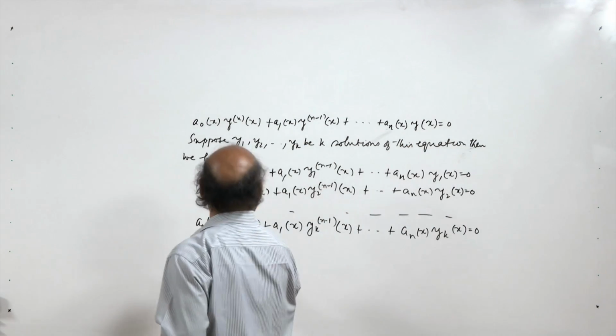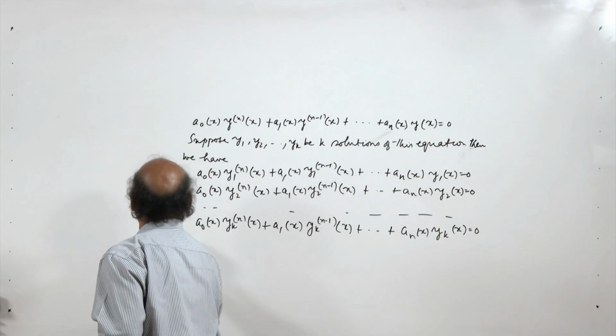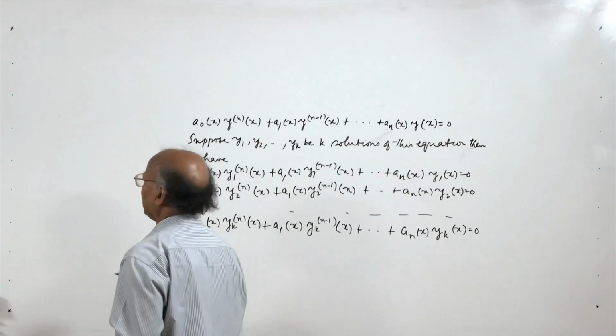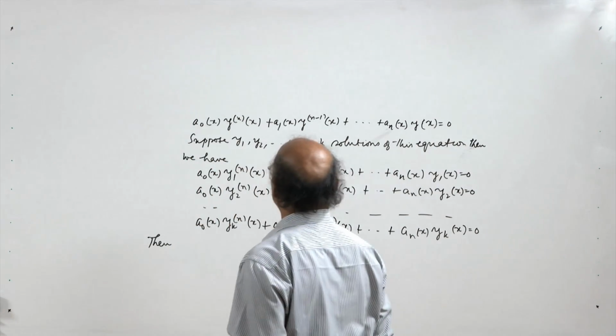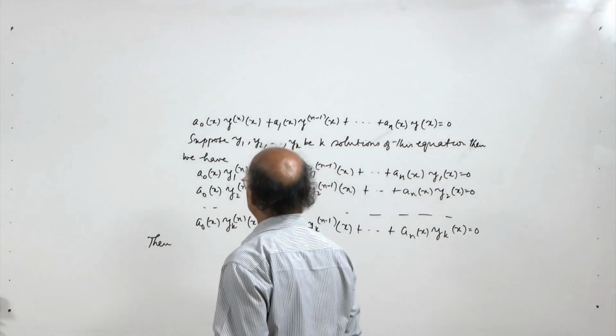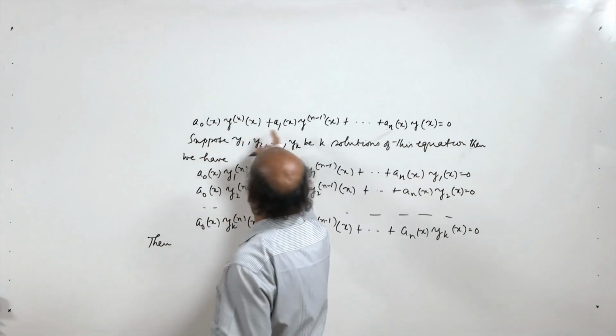From these k equations, we can then show that c1 y1 plus c2 y2 and so on ck yk is also a solution of this homogeneous equation.